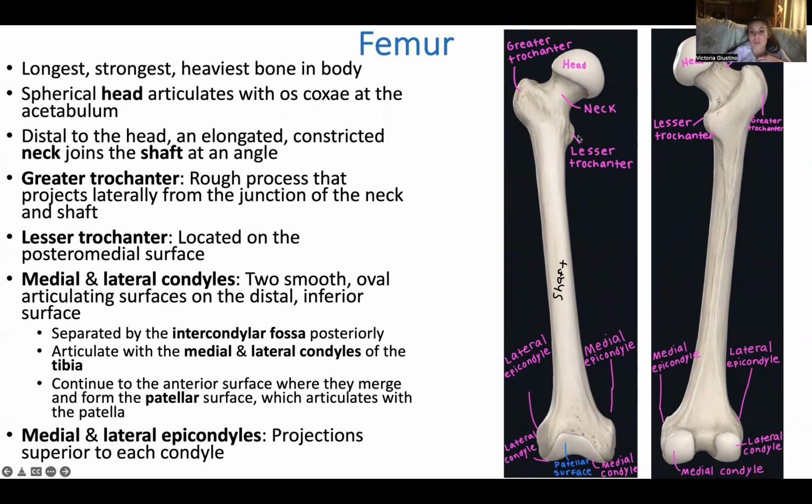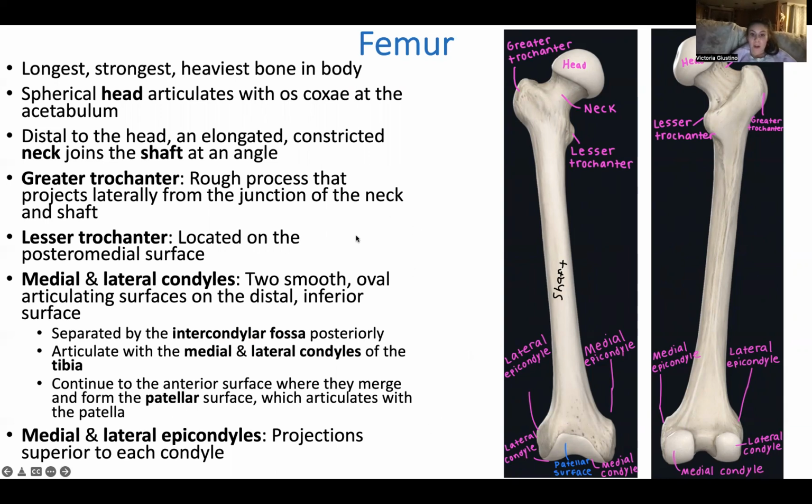And then the lesser trochanter is more on the posterior-medial surface. So you can see that there. And then moving down the shaft, moving to the distal portion, we have, just like on the humerus, epicondyles. So if you can feel the bones on each side of your knee, you're feeling your medial and your lateral epicondyles of your femur.